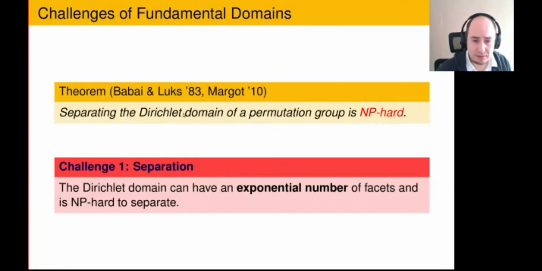In that case, a general Dirichlet domain can be hard to separate, and can have an exponential number of facets. Now, the good thing is that in principle there are many ways of constructing fundamental domains. So even if this particular Dirichlet domain is hard to handle, it doesn't mean that all other fundamental domains are hard to handle. So the question is, how can I construct other fundamental domains that behave better from a computational perspective?